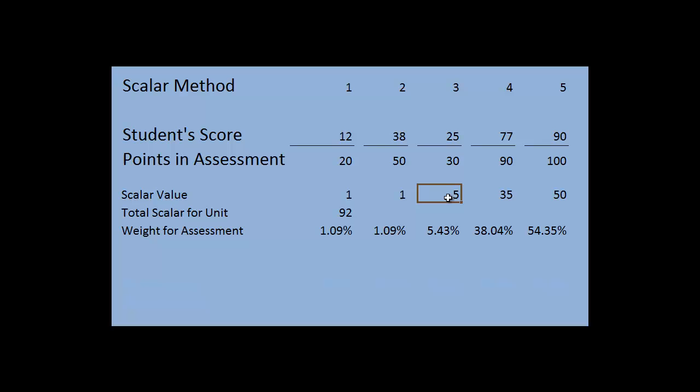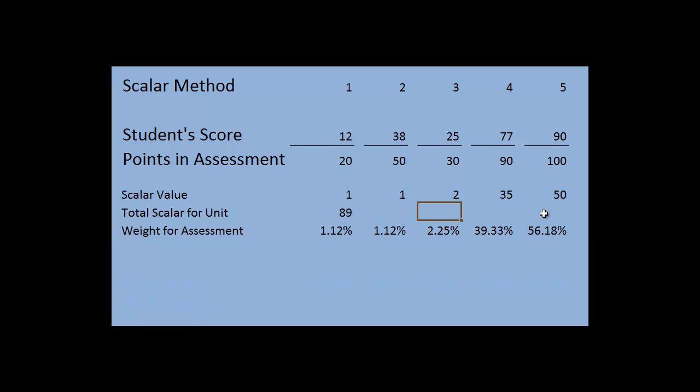So if I was to go with relativity and say that the third assignment was twice as important as assignments 1 and 2, then you can see that the third assignment essentially becomes weighted at twice as much as assignment 1 or 2.